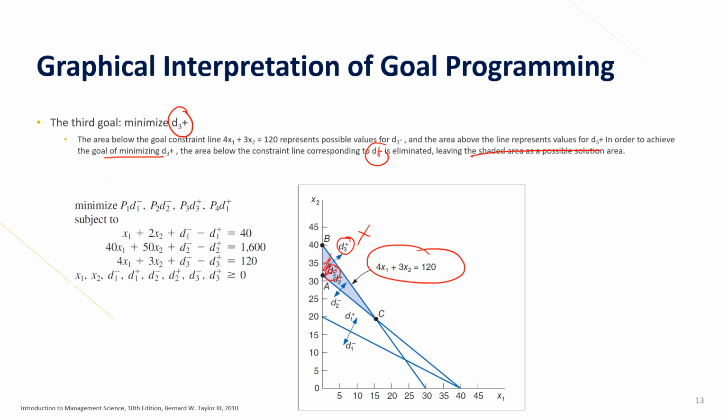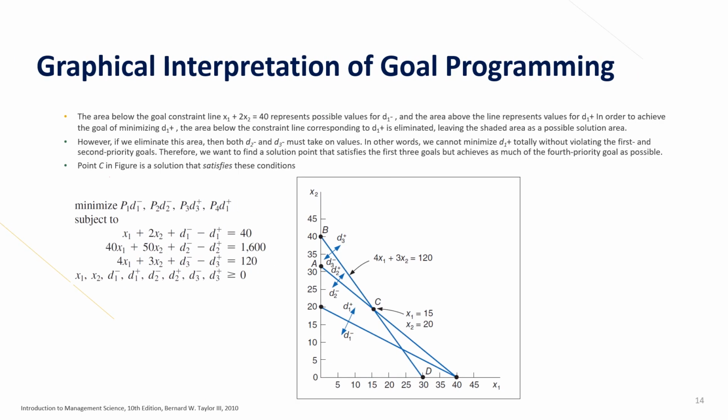You can see here the area that is left. Next is the last goal, which is to minimize D1 plus. With a similar manner, the goal constraint line x1 plus 2x2, which is this one, represents this goal, and D1 plus is this area right above this line.